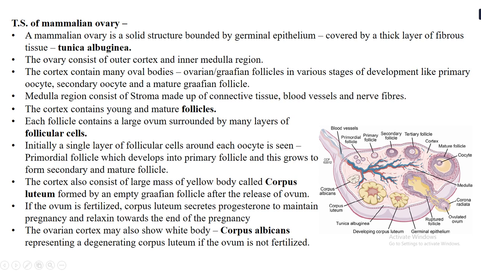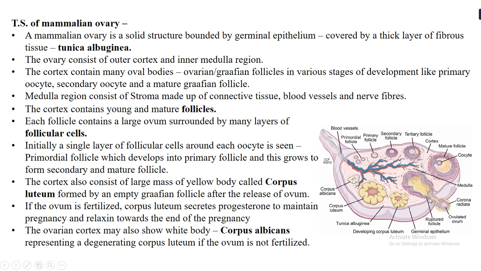Now these corpus luteum are formed by an empty Graafian follicle after the release of the ovum. So once the ovum is released, the empty Graafian follicle forms the corpus luteum. Now if the ovum is fertilized, the corpus luteum secretes a hormone known as progesterone, and this maintains the pregnancy.